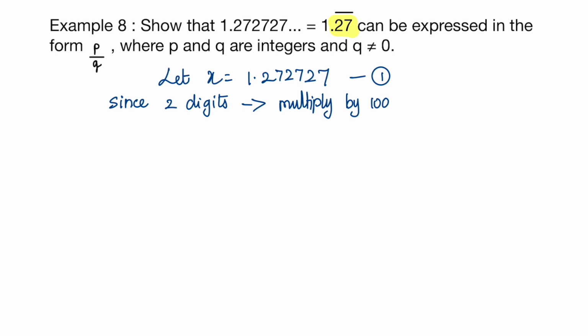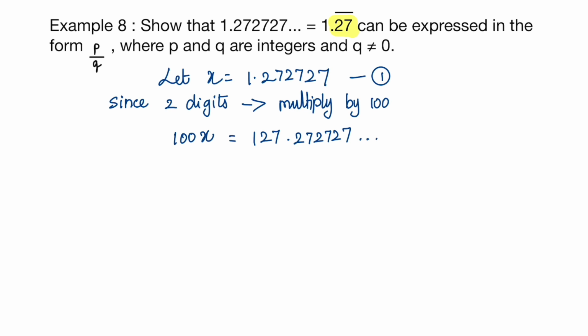In this question, two digits are repeating, 2 and 7, and you're going to multiply by 100 because of that. So, what would that give you? 100x is equal to 127.272727 and so on. This is the equation that we get.